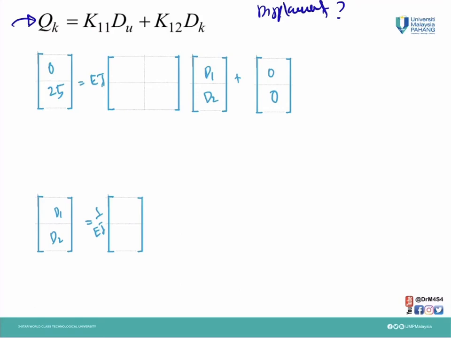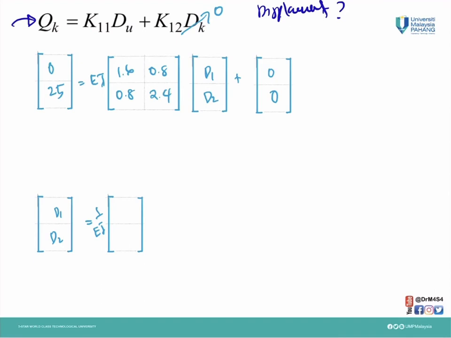So here is 1.6, 0.8, 0.8, 2.4. And for K12, we multiply by dk, which is 0. So we can cancel it out easily because all the values are 0.